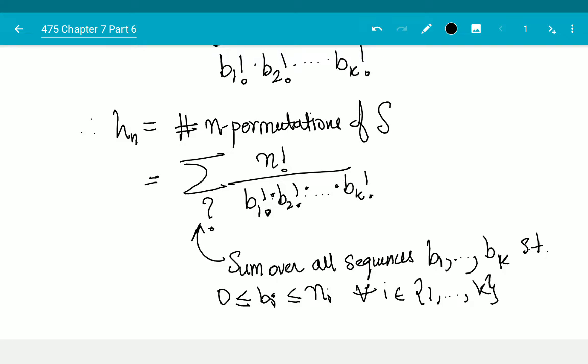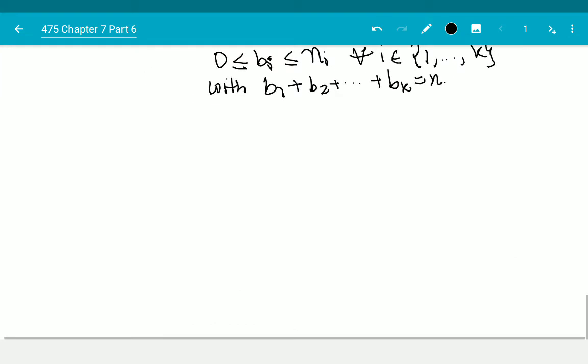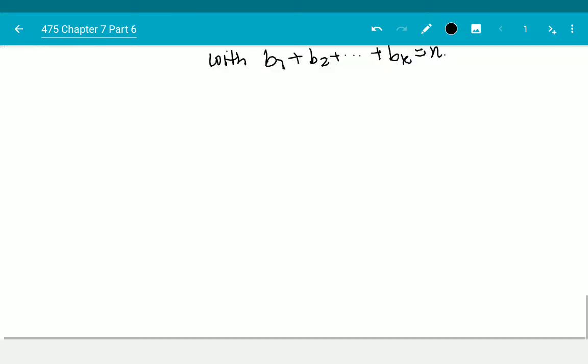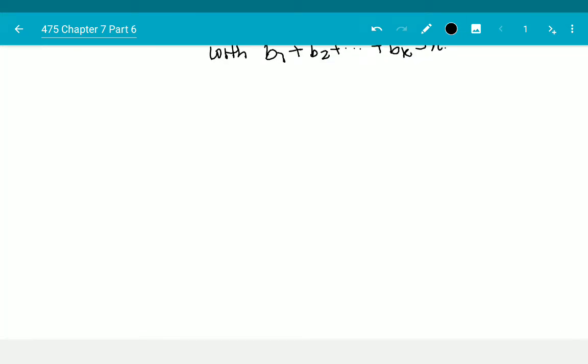Right. Great. With the added condition that b1 plus b2 plus dot dot dot plus bk is equal to n. Right. This is what the sum is over, which is slightly hard to count, and I don't really know how to do it. But I'm going to, for now, say okay, I will put this thing in directly and see how my life goes.